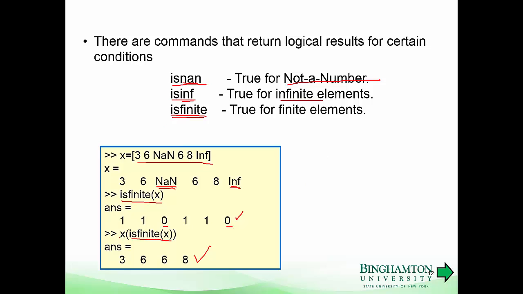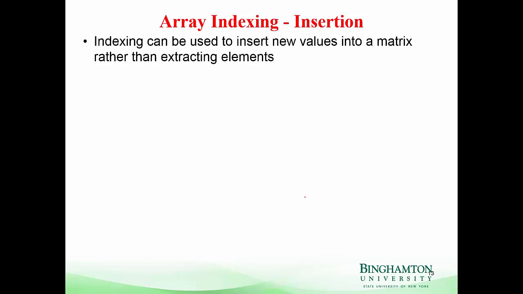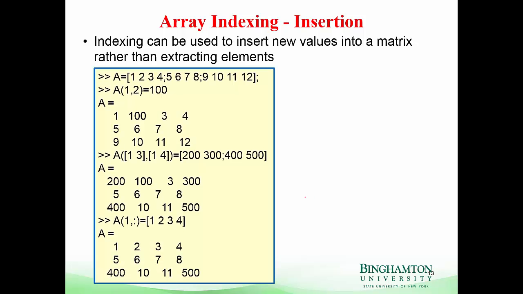I haven't really assigned anything here, but I could say y is equal to x indexed by that. Notice that the indexing is on the right side of the assignment when I'm trying to extract stuff. But when I want to put stuff in, the indexing will occur on the left side of the assignment. So here's an assignment. I'm trying to assign 100 to something.